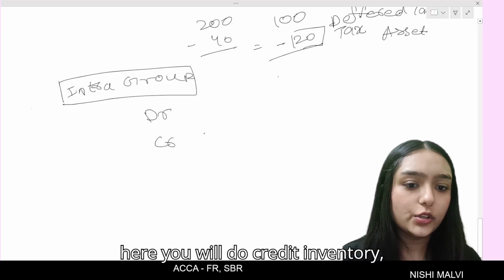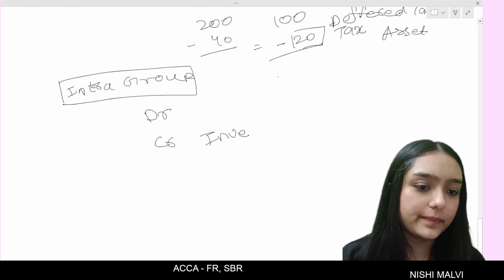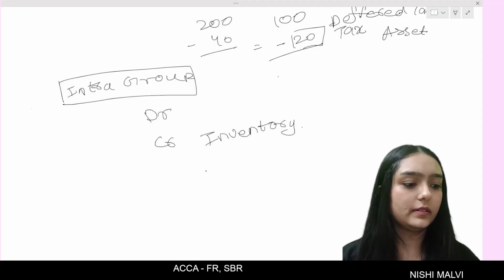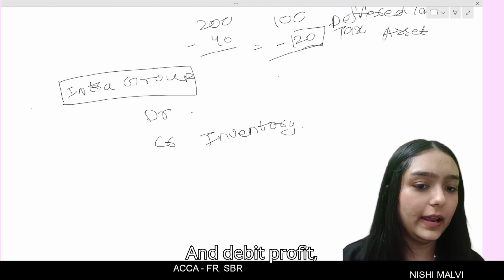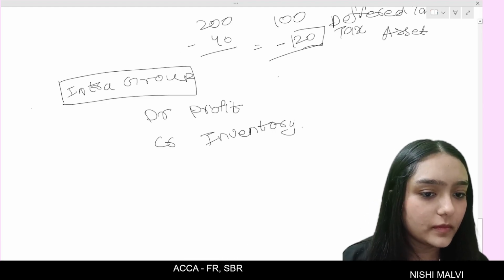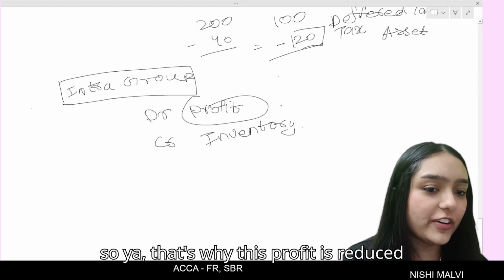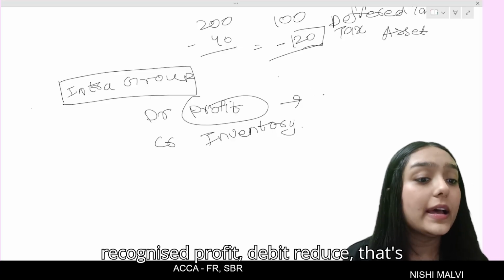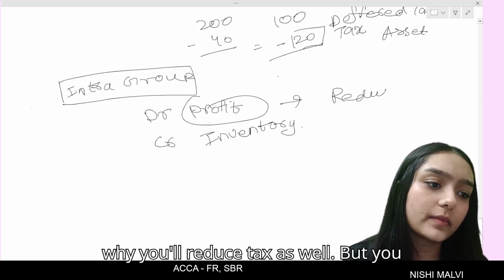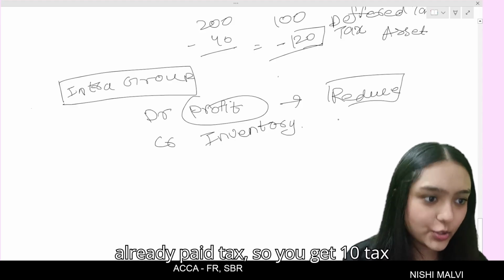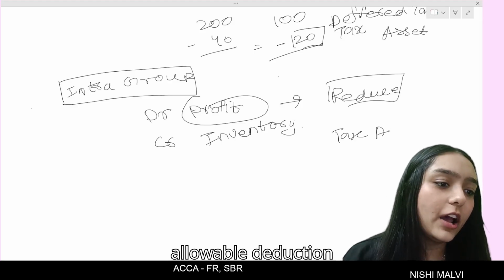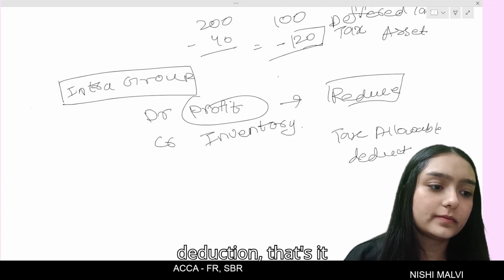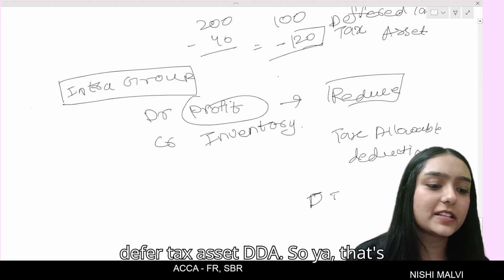But here you will credit inventory. Okay. And debit profit. So yeah, that's why this profit is reduced. Earlier recognized profit, debit reduced. That's why you'll reduce tax as well. But you already paid tax. So you get 20 tax allowable deduction. That's it. Deferred tax asset, DTA.